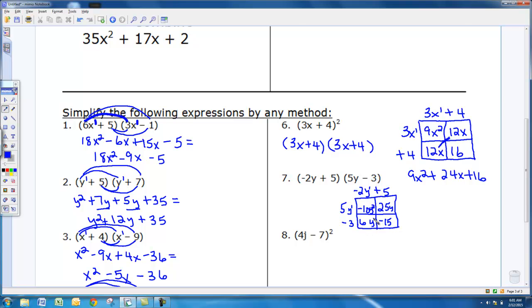Remember that your like terms are on the diagonal. 6y plus 25y is 31y. Then we bring down the negative 10y squared, this is a positive 31y, and the minus 15 into our answer.